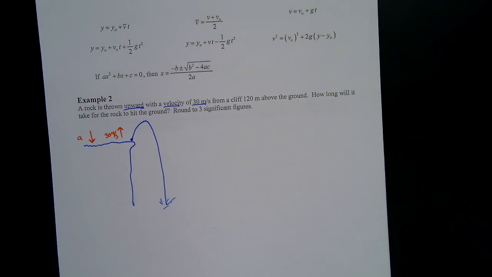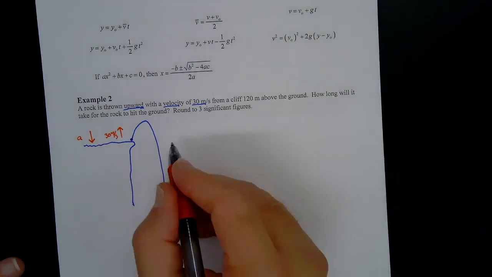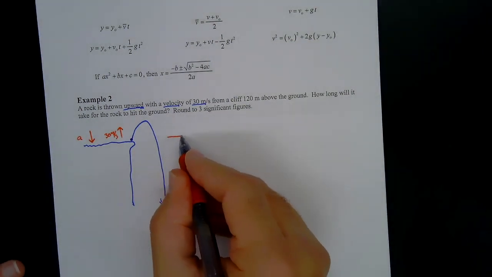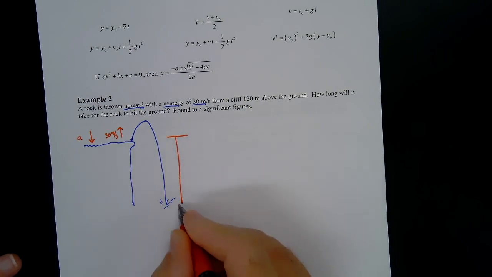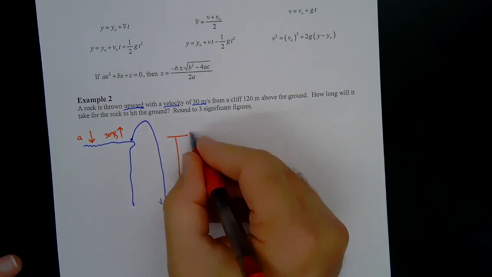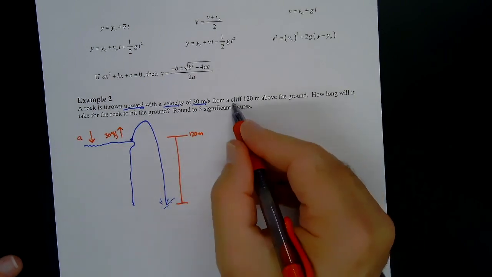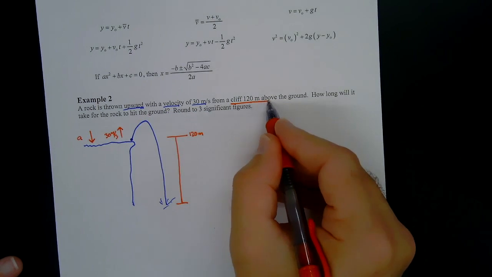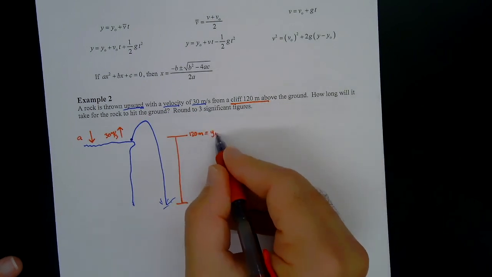All right, what else do I know? That this cliff is 120 meters high. So right here, this is 120 meters. Now, that's the starting position, so that becomes my y sub 0 because that's where I'm starting.